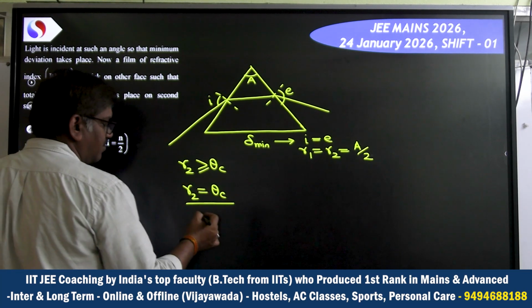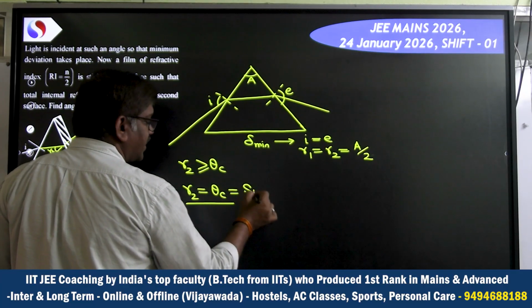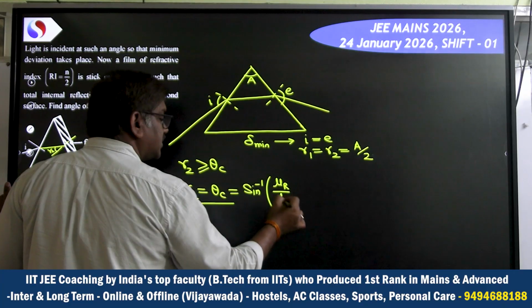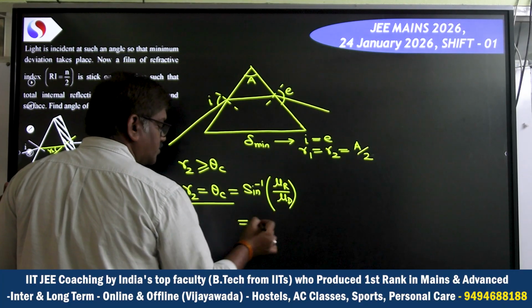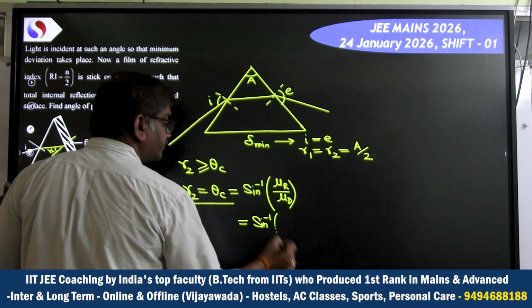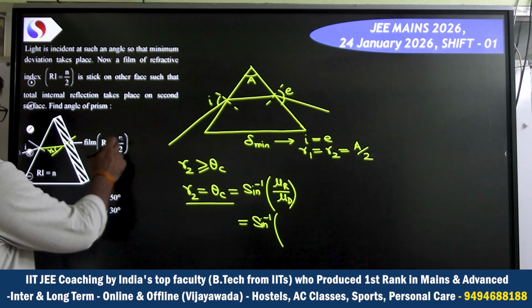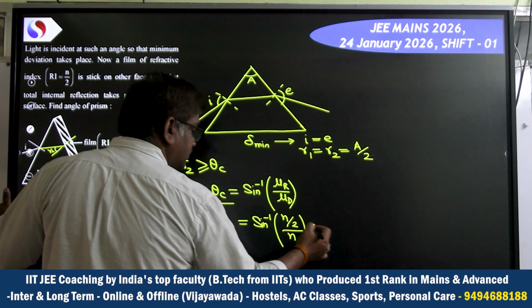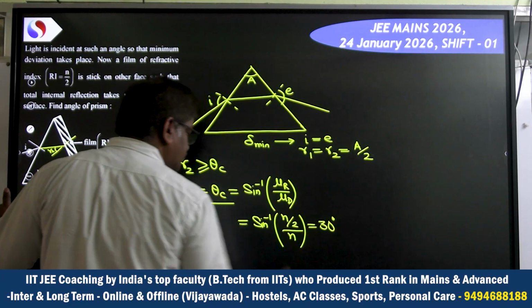That means we can find out this theta c. What is theta c? Sine inverse of mu rare by mu denser. So this is sine inverse of, what is the rarer? N by 2, and what is the denser? N. That means this angle is 30 degree, sine inverse of 1 by 2.